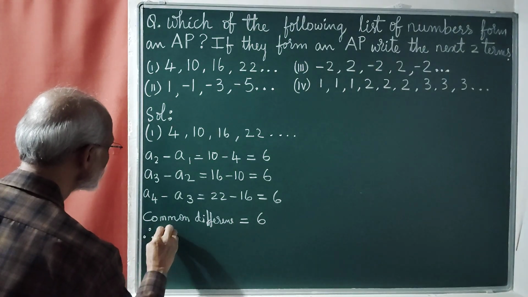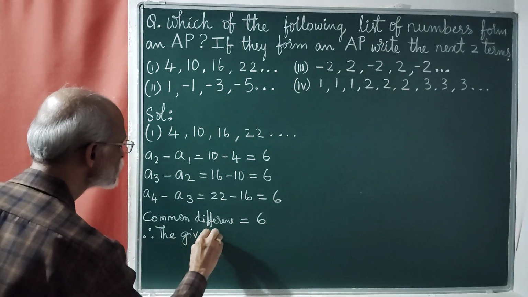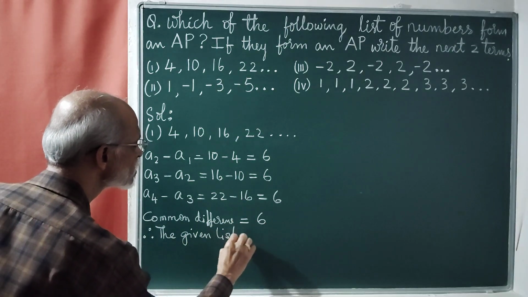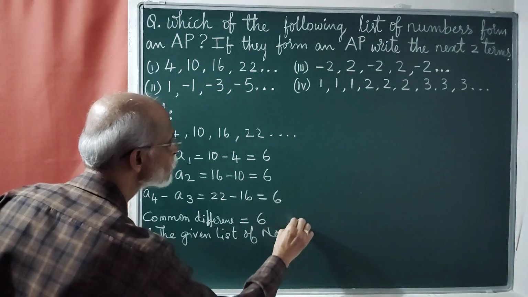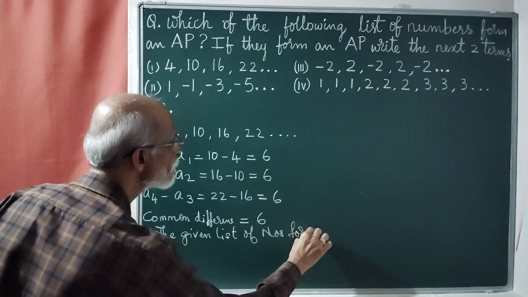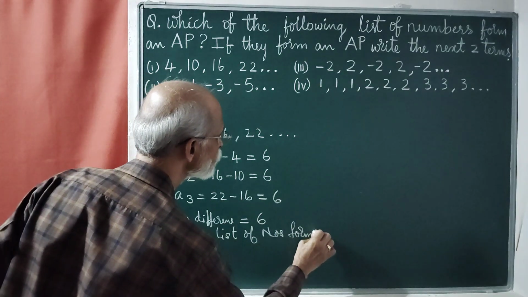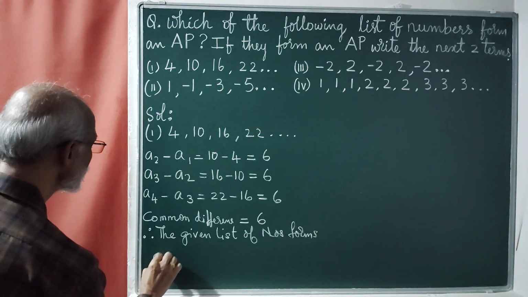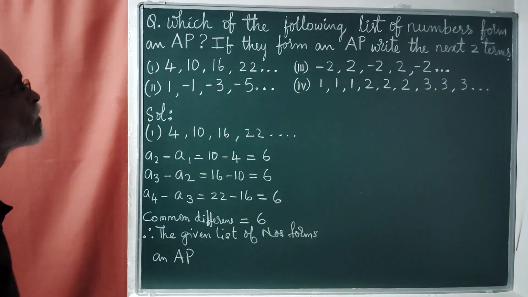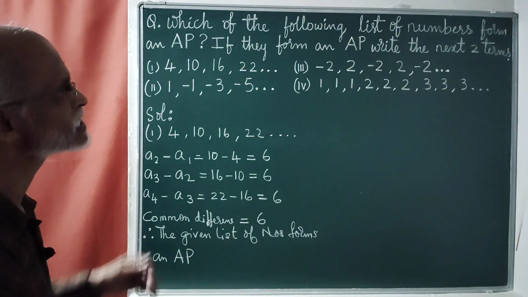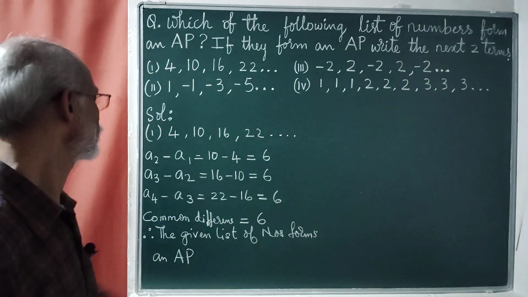Therefore, the given list of numbers forms an AP. Now we have to write the next two terms. That means we have to write the fifth and the sixth term.